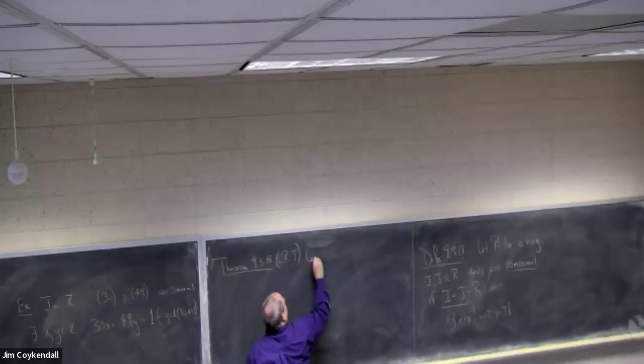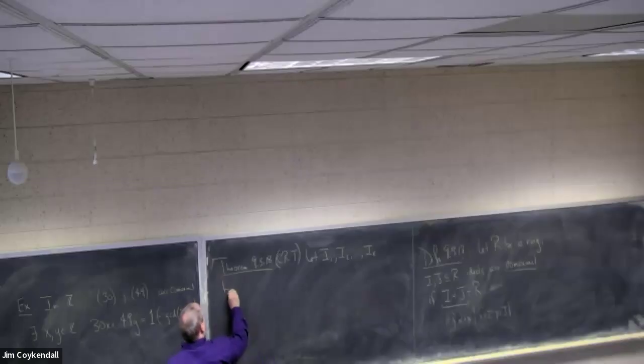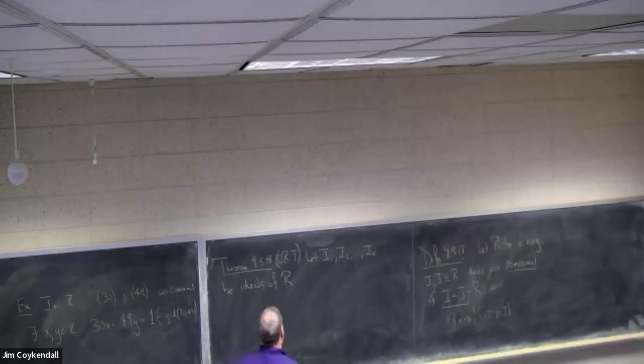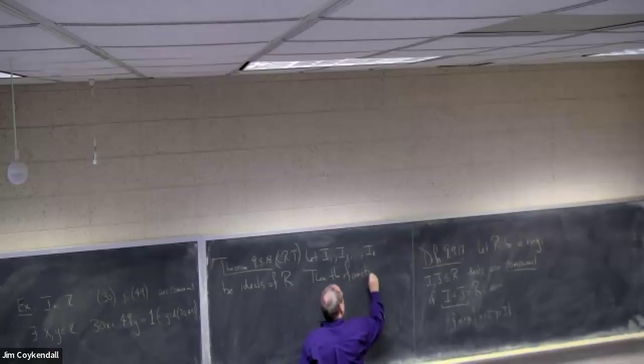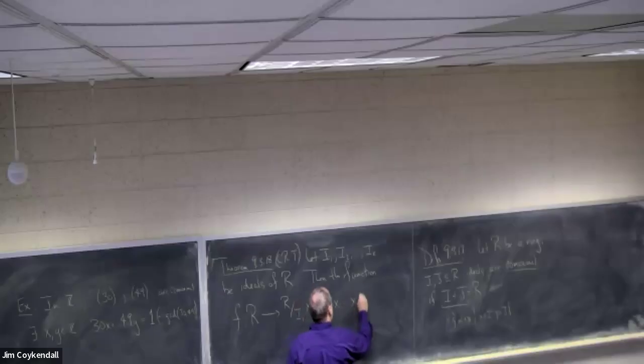Let I1, I2, up to Ik be ideals of R. Then there is a function F from R to R mod I1, R mod I2, up to R mod Ik.